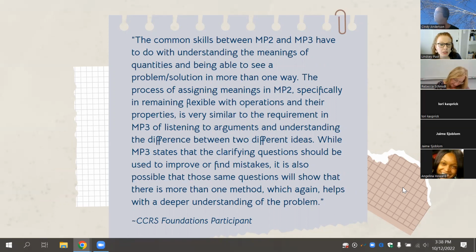The process of assigning meanings in MP2, specifically in remaining flexible with operations and their properties, is very similar to the requirement in MP3 of listening to arguments and understanding the difference between two different ideas. While MP3 states that the clarifying questions should be used to improve or find mistakes, it is also possible that those same questions will show that there is more than one method, which again helps with a deeper understanding of the problem. Any comments, reflections, questions about this one?